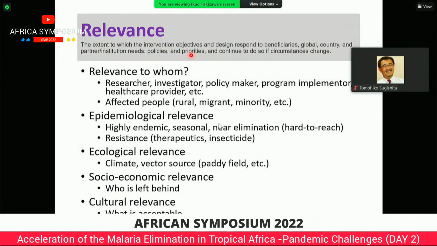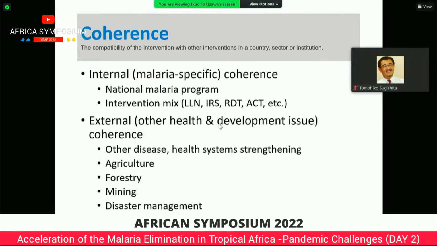So we are really looking into this ecological relevance as well. Of course, there's a socio-economic relevance with those left behind, and cultural relevance. What is acceptable is really different. Even though the technology is superb, it may not be acceptable for various reasons, so it may not be really effective.